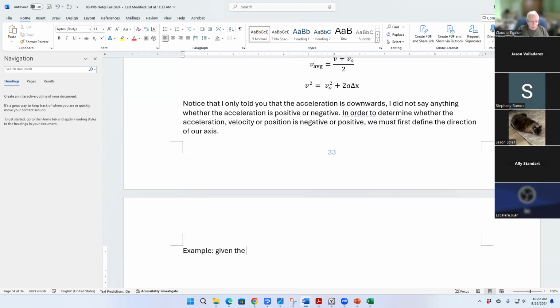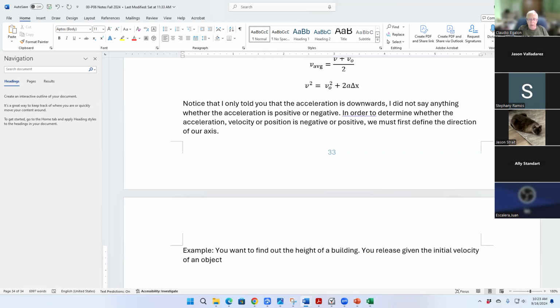Given the initial position, given the initial velocity of an object, let's see, example. You want to find out the height of a building, okay?